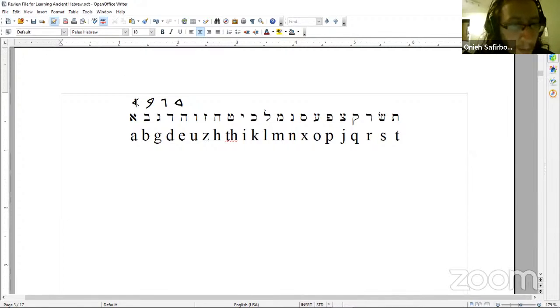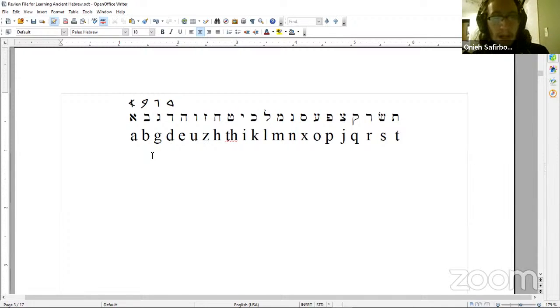So we've got this here. Let's try to shorten this to 16 font. Let's see if that makes a difference. 16 seems better for Paleo to line it up, but okay.